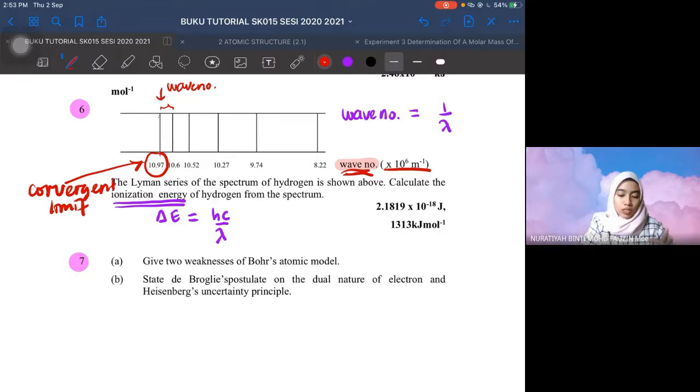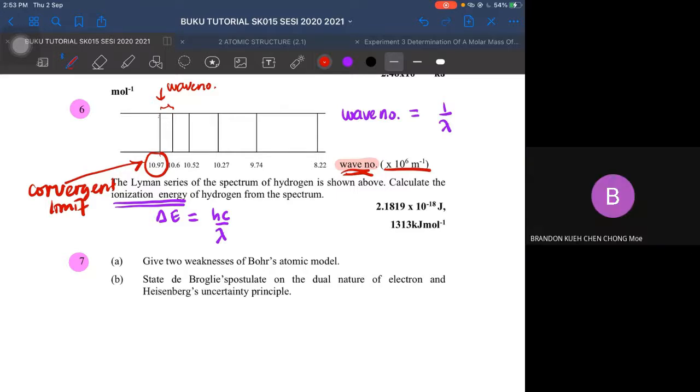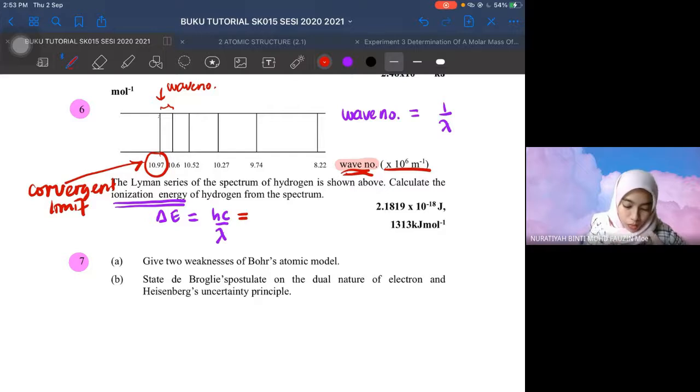Kalau wavelength awak boleh terus masuk. Kalau wave number, awak kena kali macam mana? 1 over. Maksudnya, okay, 1 over lambda, okay. So, awak just times H times C dengan awak punya wave number lah. Sebab wave number sama dengan 1 over lambda. So, masuk je lah this value. But don't forget yang you have 10 to the power of 6 per meter ni. Okay.